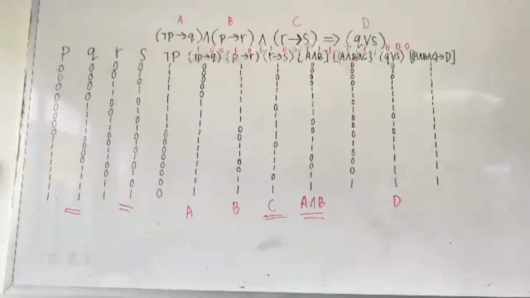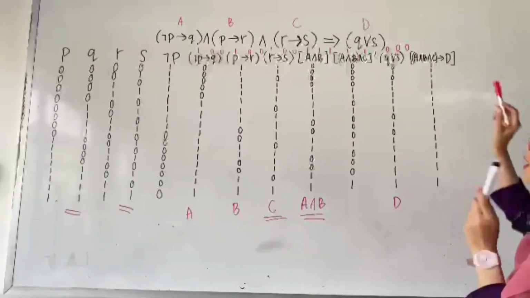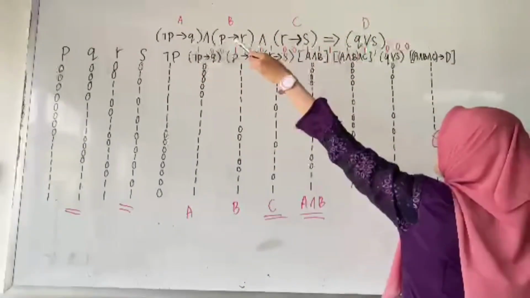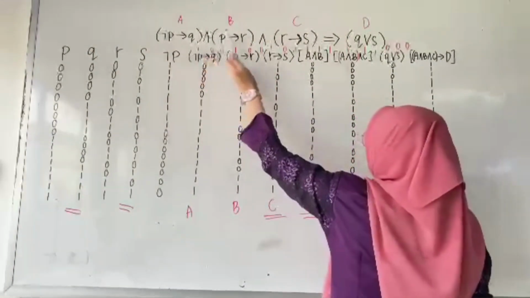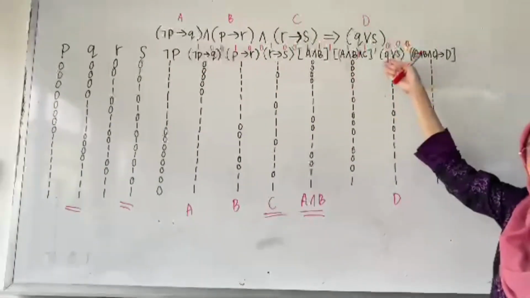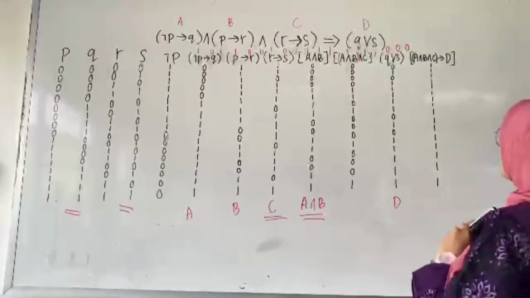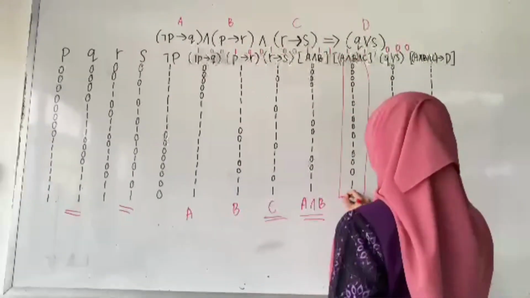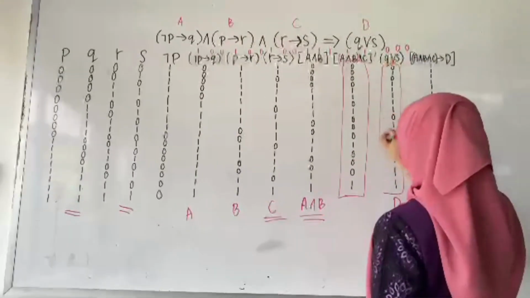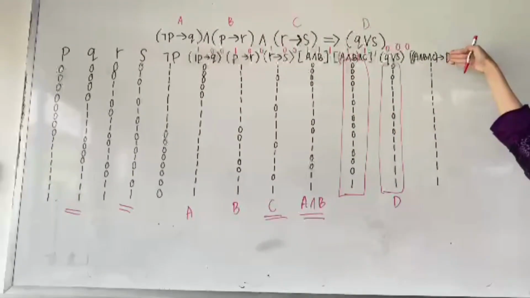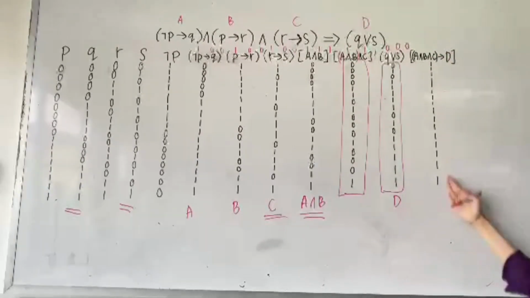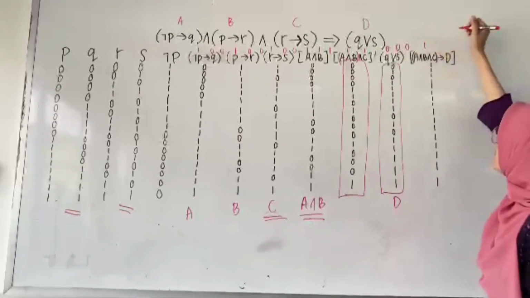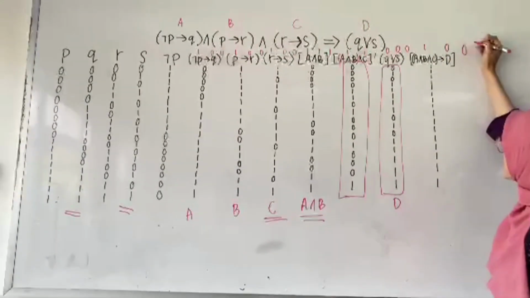Finally, we determine whether A and B and C logically implies D. If A and B and C is true and D is false, then it is false; the rest is true.